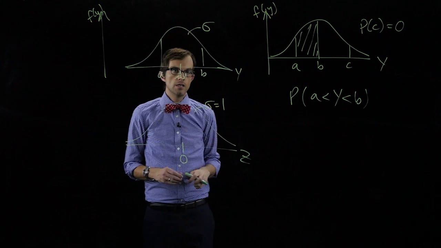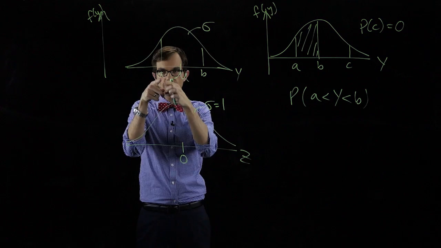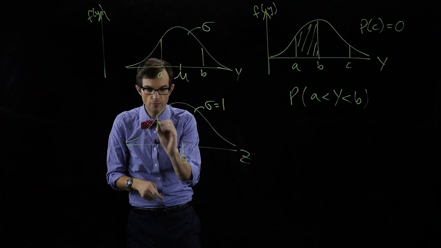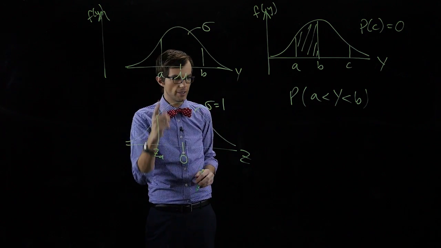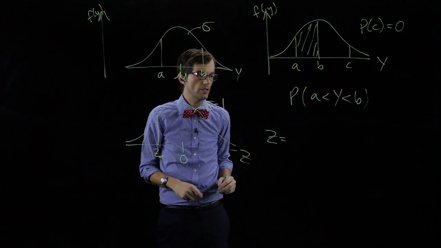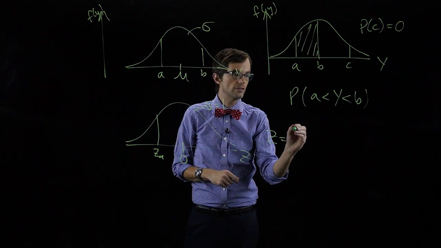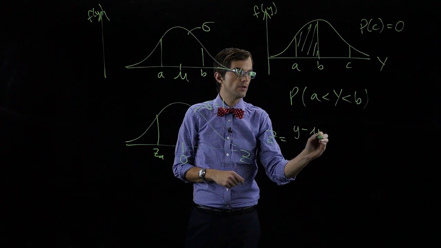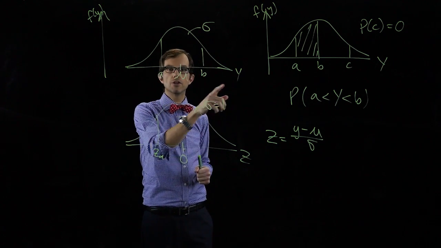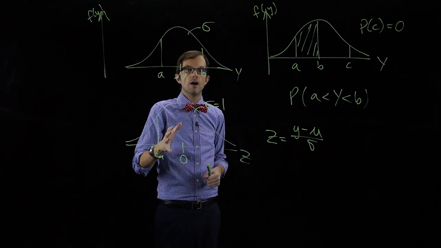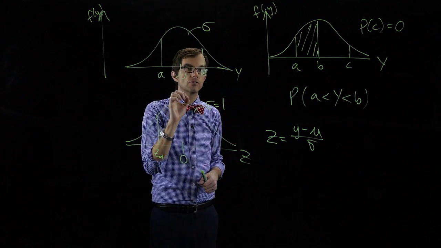Okay? And so what is it we're doing whenever we convert this value a on the y-axis down to a value, let's call it z sub a, on the z-axis? What is it that we're calculating here? We're using a z-score. Okay? We're converting this thing down to here with this equation, and that is how different is the value on the axis from the mean in standard deviation units. So regardless of what the unit of measure is for y, it could be in millions and billions and trillions, it could be in hundreds or thousandths or something very tiny.